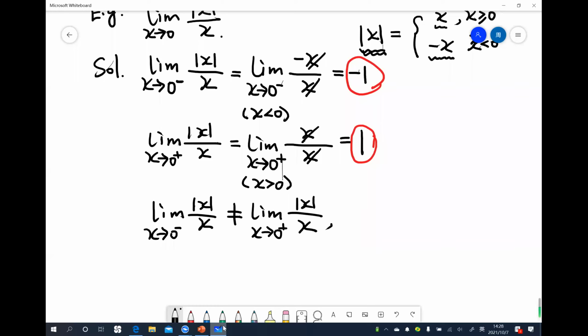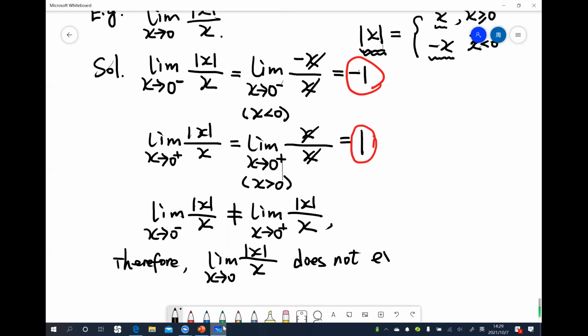Therefore, we know the limit of this function as x approaches 0 does not exist.